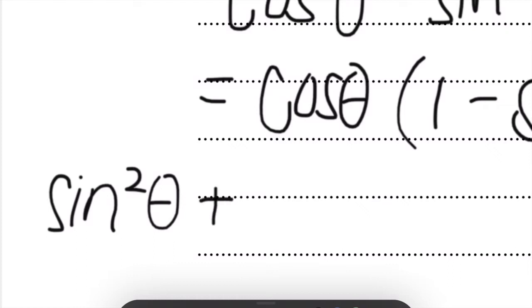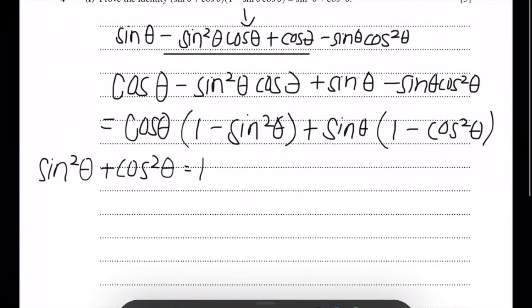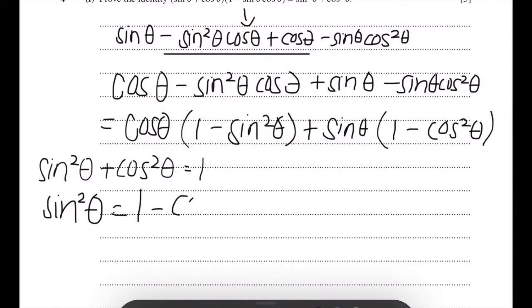Recall that sine square plus cosine square is equal to 1. So sine square is equal to 1 minus cosine square, and cosine square is 1 minus sine square.